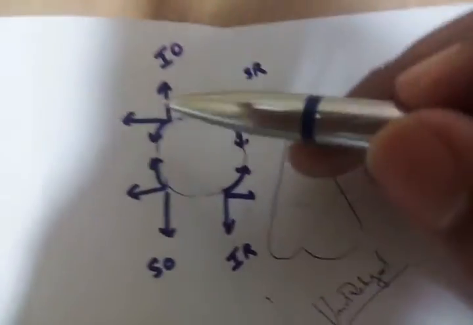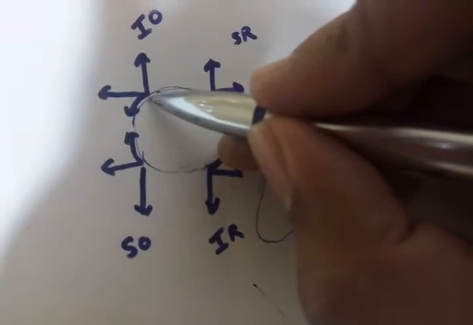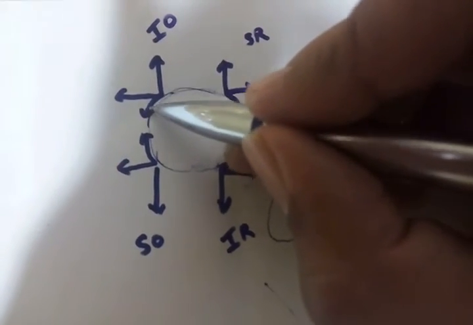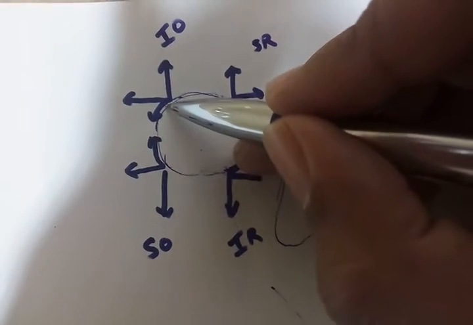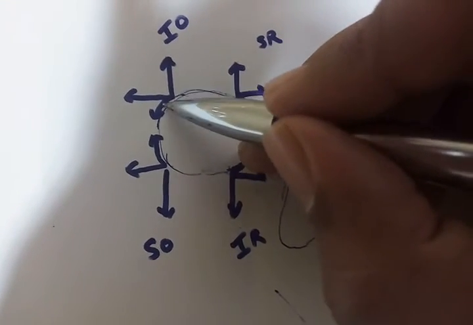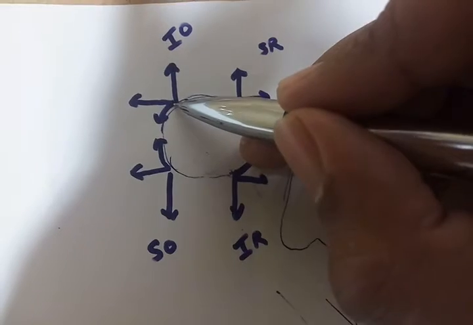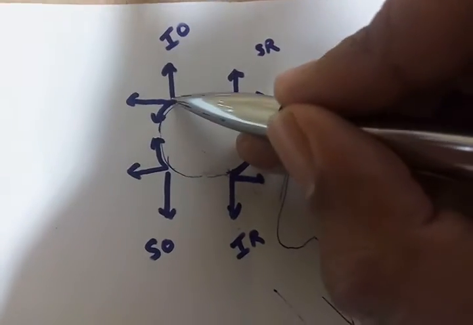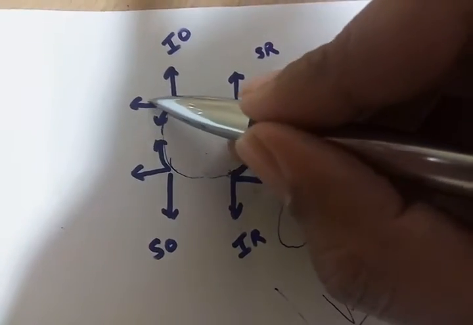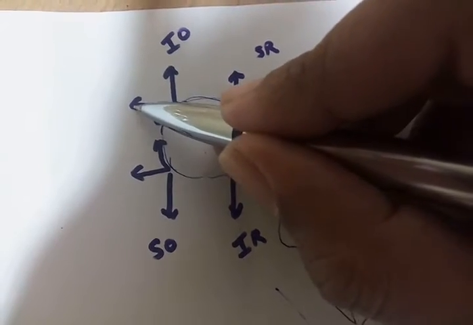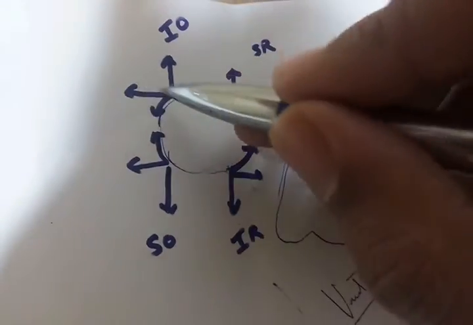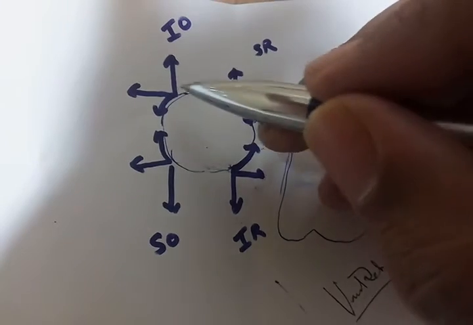Now we come to the inferior oblique. Now see this diagram. So this means that this inferior oblique is an extortor. Extortor means anti-clockwise direction, and elevator, and the tertiary action is abduction. Abduction means this side, towards the temporal side.